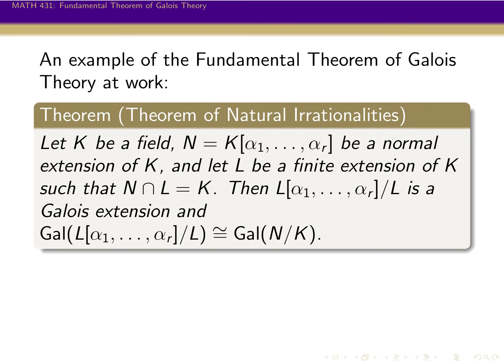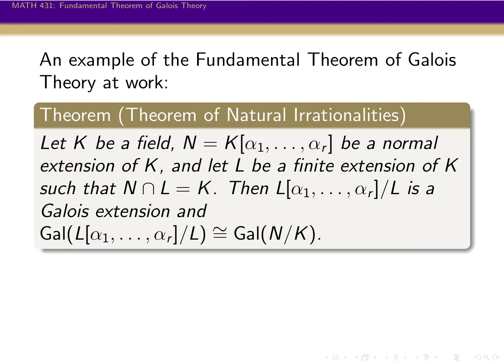Okay, so we're going to conclude this video with one more result, which really shows the full fundamental theorem of Galois theory at work. This theorem is called in the literature the theorem of natural irrationalities. It's written up in a bunch of places. This was proven by Lagrange.